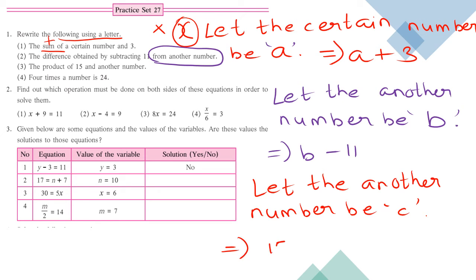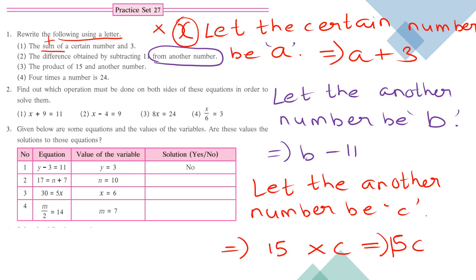So it says 15 multiplied by C. So another number is C, so 15 multiplied by C. So you can write it to be 15C. When there is a number and variable, there is no need to write the multiplication sign.